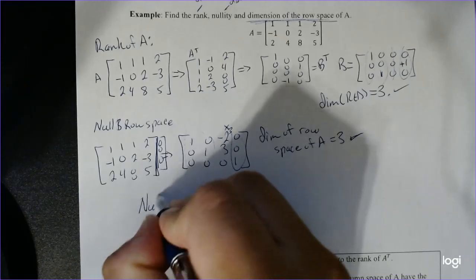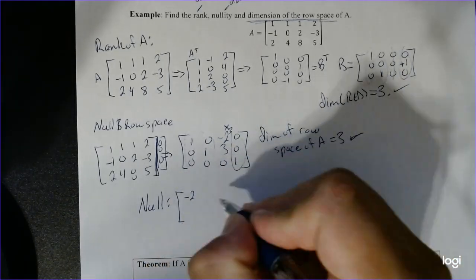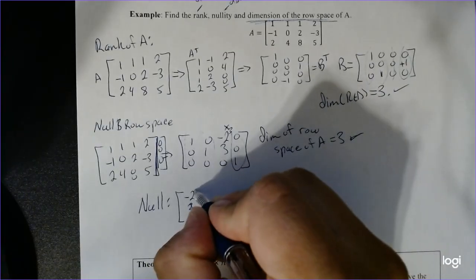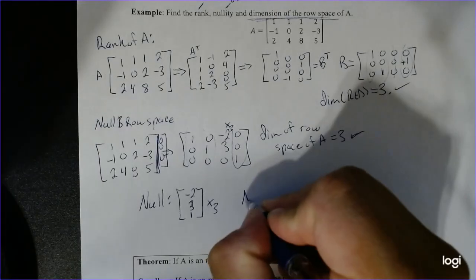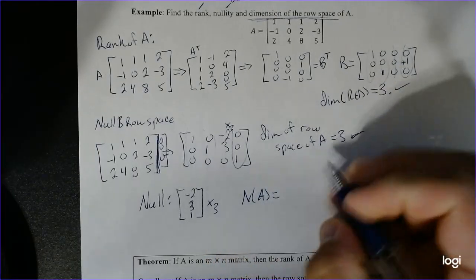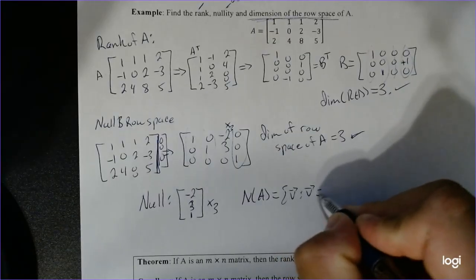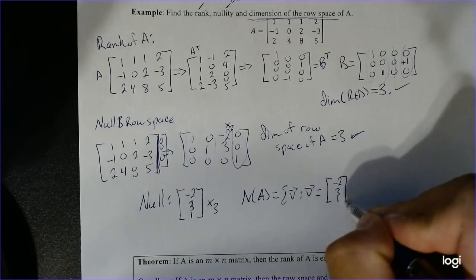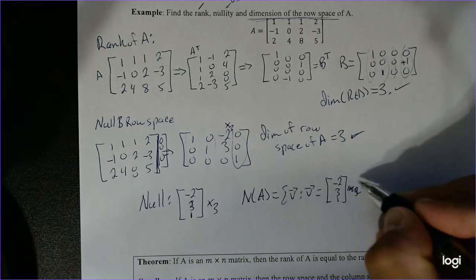So the null space of A is any vector v such that v equals x3 times this vector, or just like that if you like.